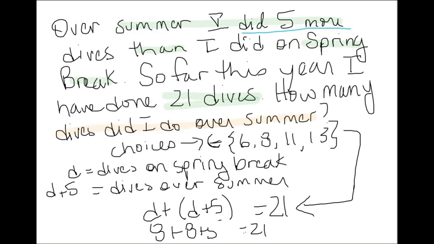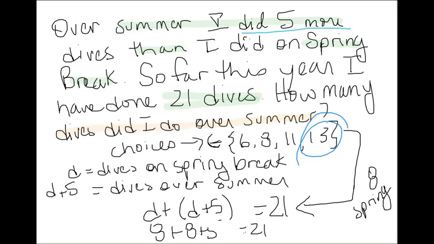Yes. So I know that I did 8 dives on spring break. D equals 8. So then how many dives did I do during summer? Well, it's going to be 8 plus 5, which is 13. So I did 13 dives over summer.